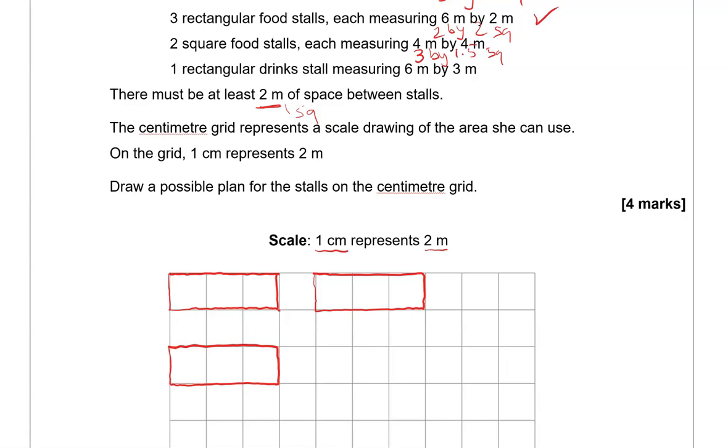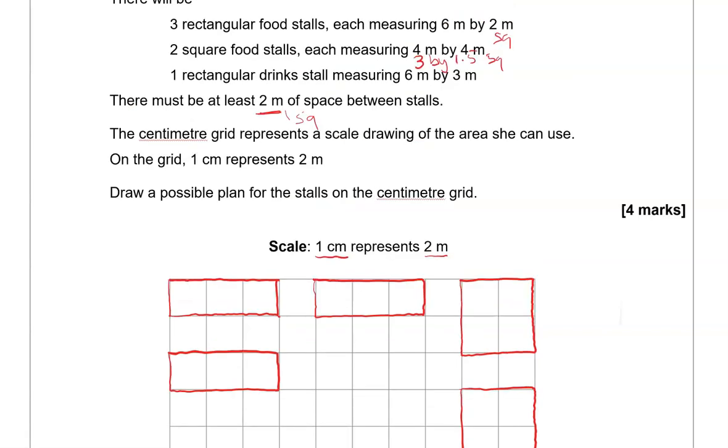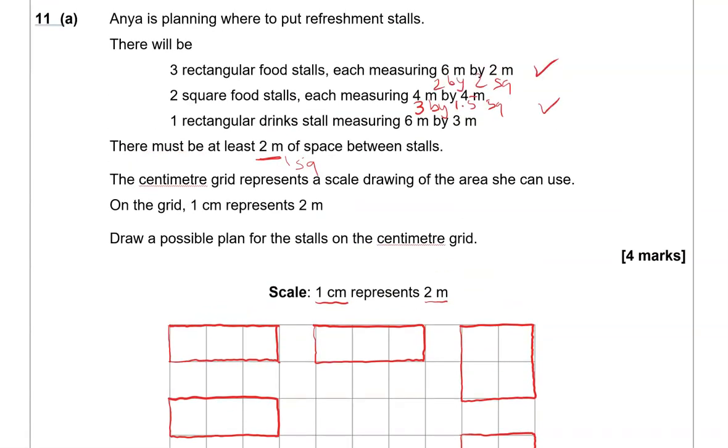The square ones, 2 by 2. So we can do one here. And we can do another one here. That's done as well.